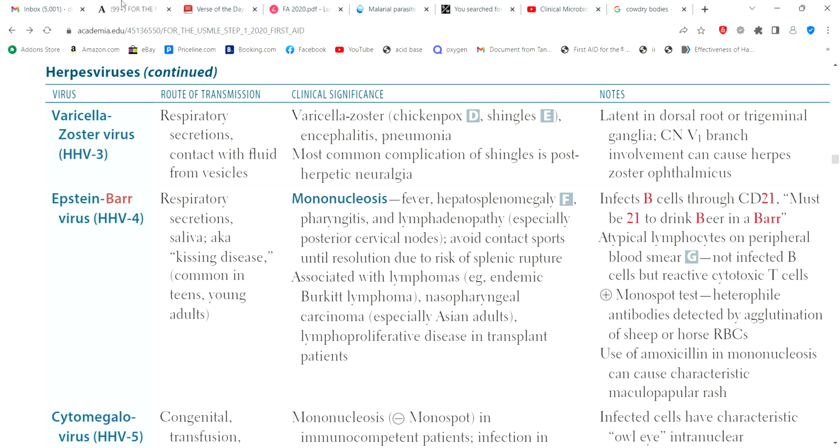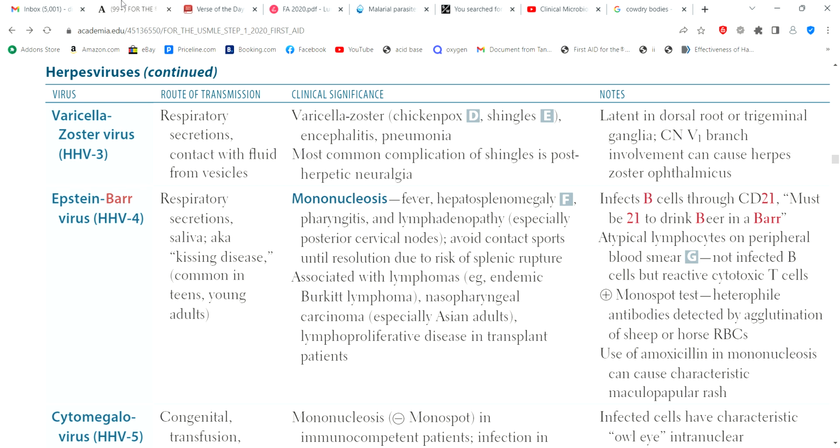So if you have shingles, a complication of that is post-herpetic neuralgia, which is pain where the rash was. Alright, next.